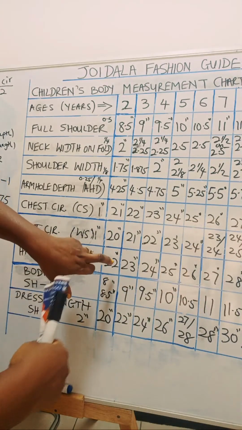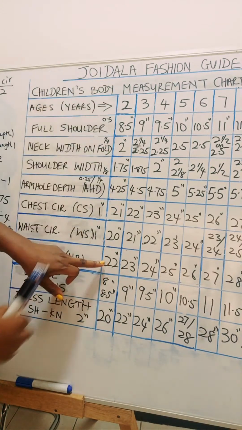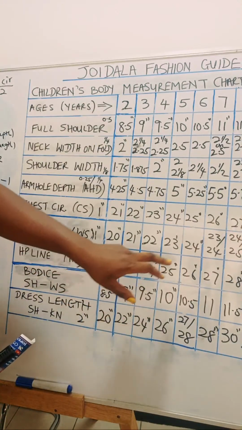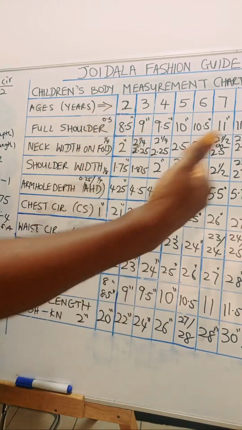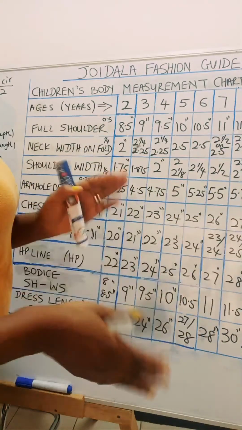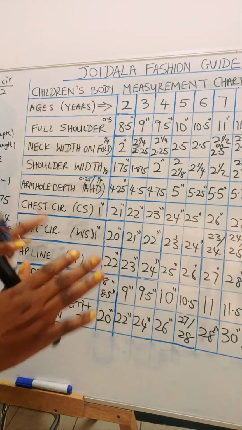There's a progressive increase like the chest. 2 years old, 22. 3 years, 23. The next 24, 25, 26. It will just be increasing like that. But for some children, it may vary, okay? Do well to measure your child, but this is just a guide.